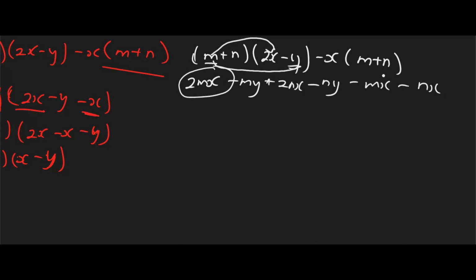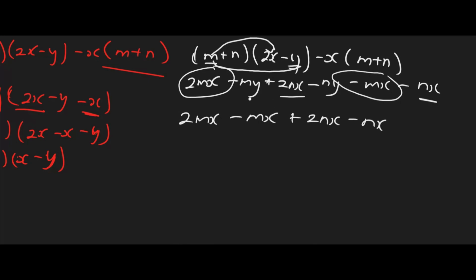I think you can group like terms. 2mx, negative mx, they are like terms. So I'm going to get 2mx minus mx. This and that, they are also like terms. So you have plus 2nx minus nx. These two guys can just be attached.